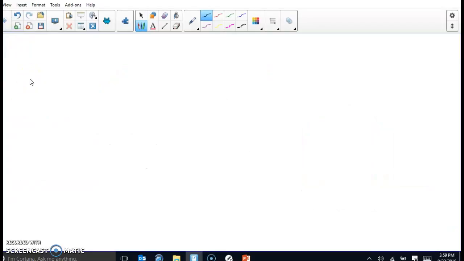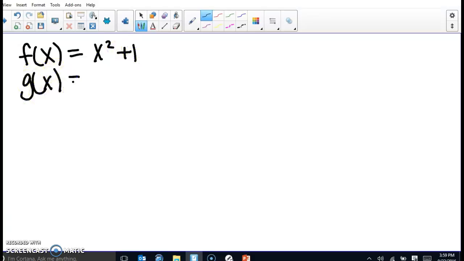So let's practice one. So the functions we're going to work with, we have f of x equals x squared plus 1, and g of x equals x minus 4.